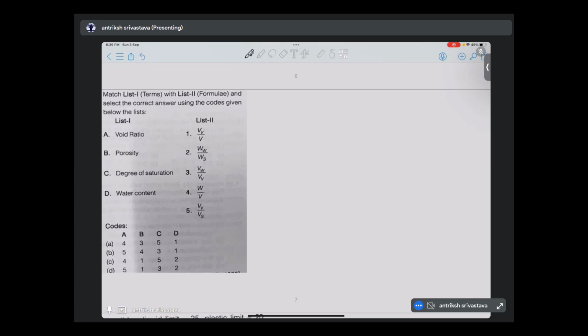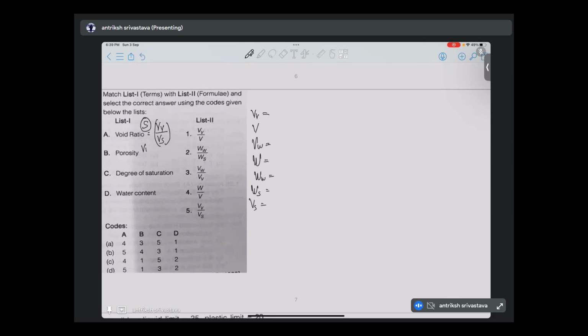Here Vv is volume of void, V is total volume, Vw is volume of water, capital W is total weight, Ww is weight of water, Ws is weight of solids, and Vs is volume of solids. People are saying D. Let's see. Void ratio is volume of voids by volume of solids, so this will be 5.